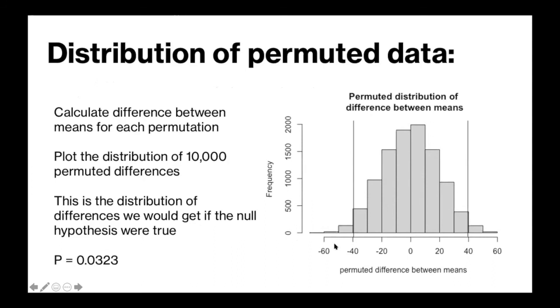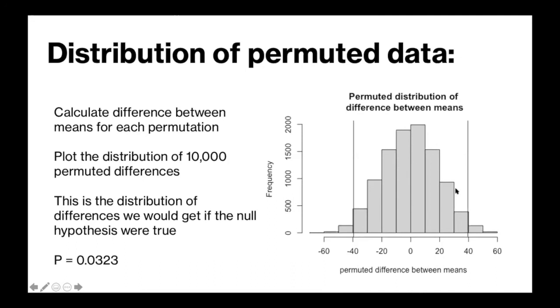Now, this is an empirical distribution. This is what we get when we do this many, many, many times randomly. It doesn't assume any particular underlying distribution. And so we can't calculate our p-value from a statistical table.